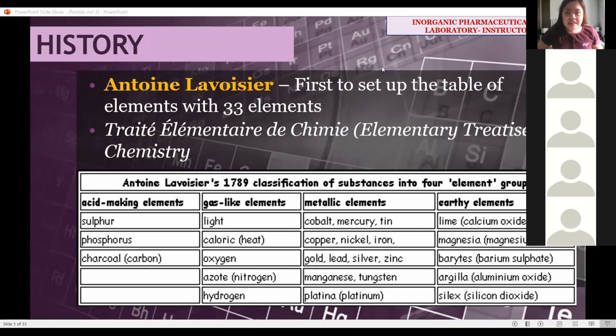Now, Antoine Lavoisier included light or caloric heat here, which are not actually considered as elements. So that is something that Antoine Lavoisier included that should not have been included.